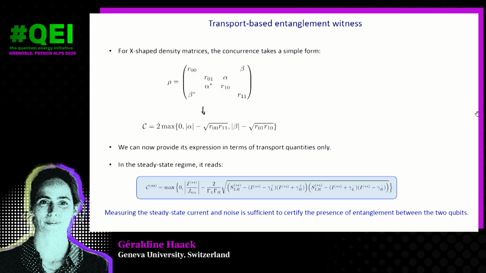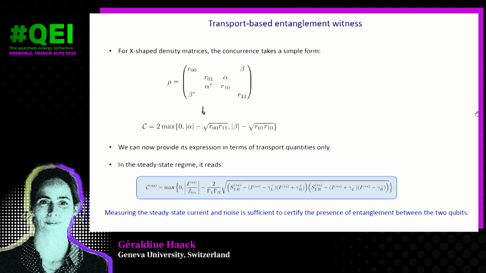In fact, you could use SRL, you could use SLL, you could use SRR. In the steady state, if you have conservation of particles and energy, all these quantities are related. In the steady state, SLL is equal to SRR is equal to minus the cross-correlation functions.